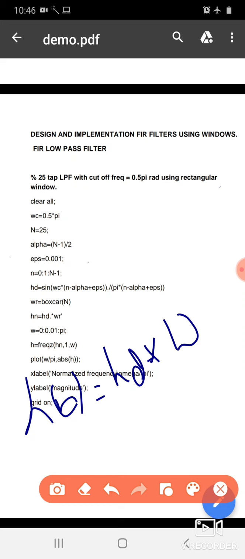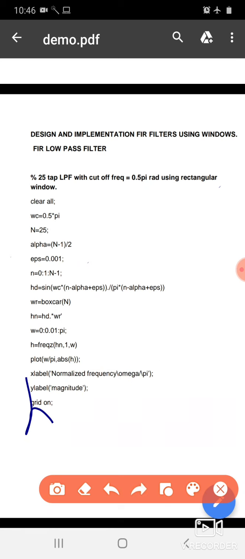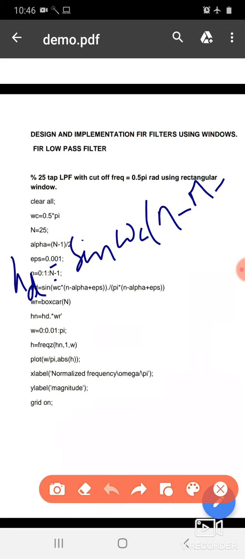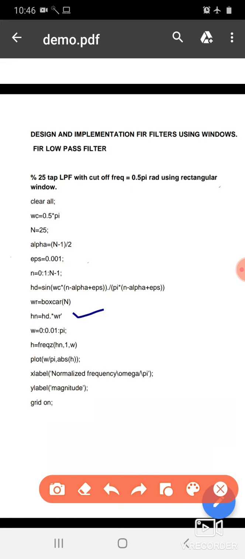Omega means which window we are going for. Here we are going for the rectangular window. Next instruction, that is this one: hn equals hd dot star omega r. Here we multiply both, then it is in terms of h of n.